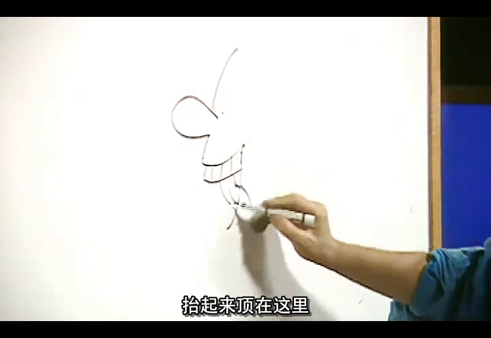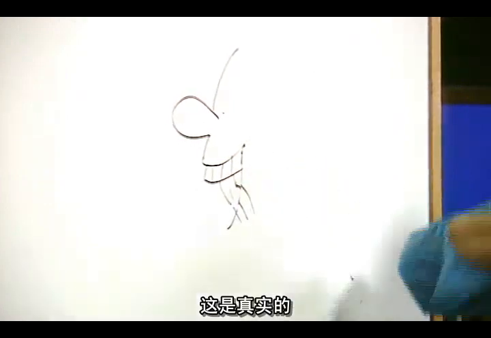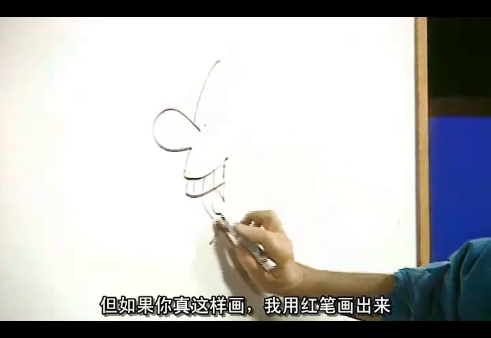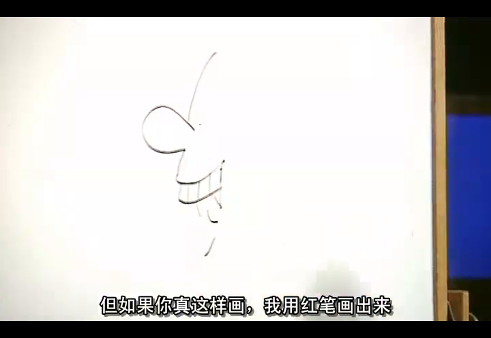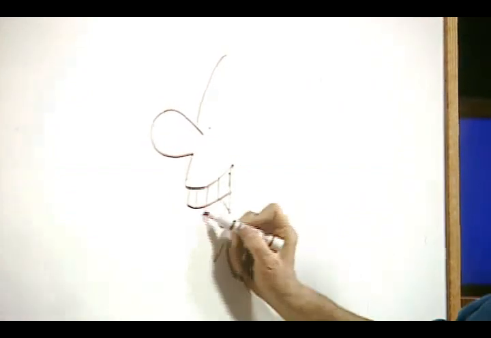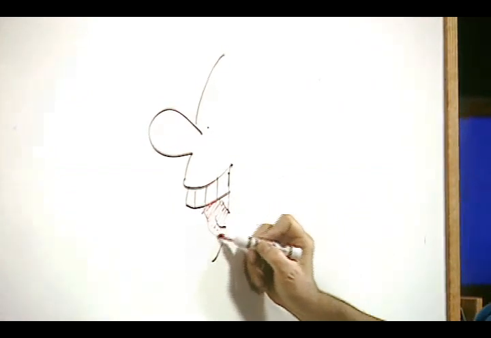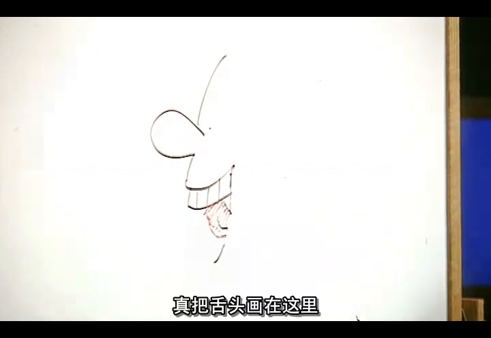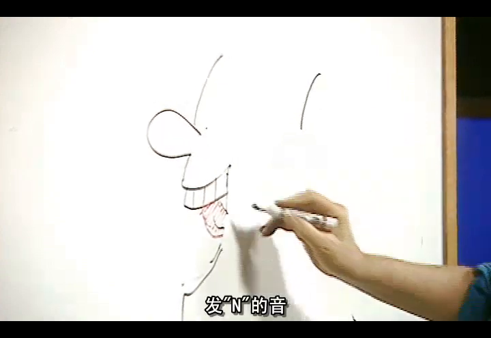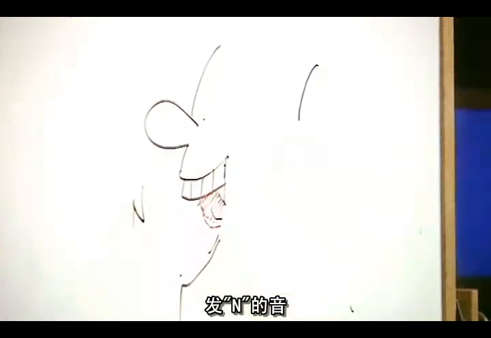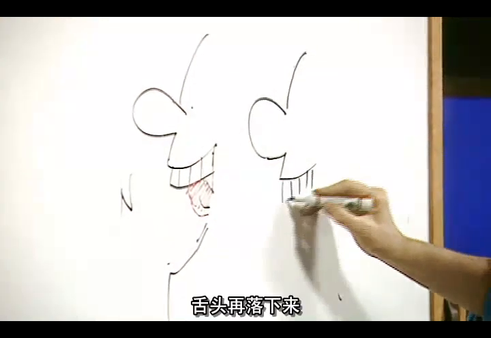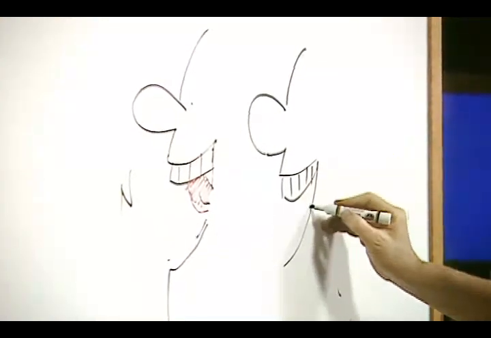It's hooked back here. It's not up. Anyway, in reality. So if you were to see the tongue, let's make it red. The tongue up there, and he's saying N, that could be an N. And it's going down here.